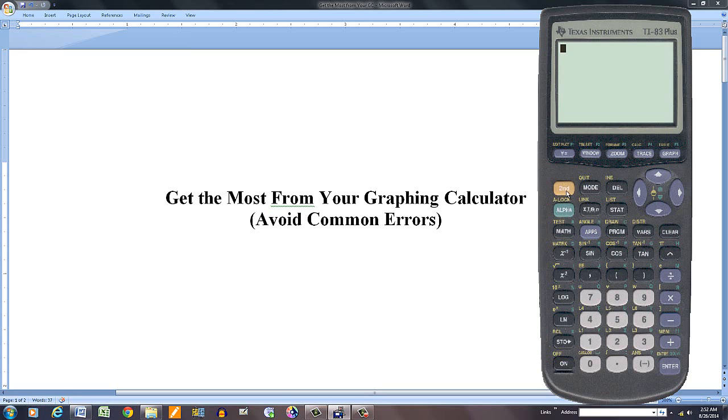Let's do some matrix, inverse of matrix. So let's suppose I want the inverse of this matrix. So I'm entering the matrix, the components of the matrix.